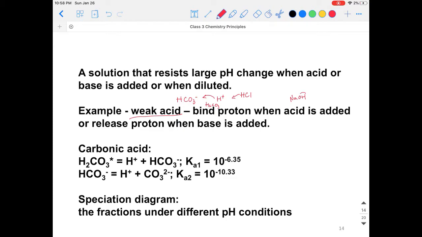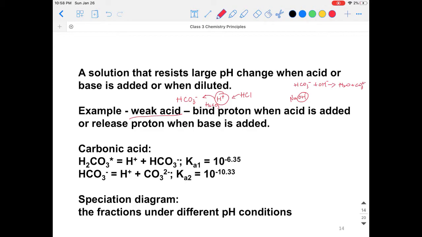Okay, and if we're adding some base into the system, for example, sodium hydroxide, right? Then these OH ions can react with the bicarbonate ions, and then we're basically going to form water and carbonate ions, right? So in this way, the pH can be buffered. So the pH is not going to directly reflect the concentration of the protons or the OH ions here.